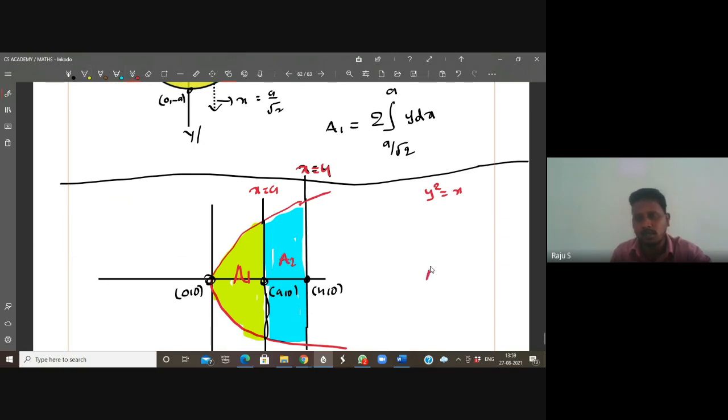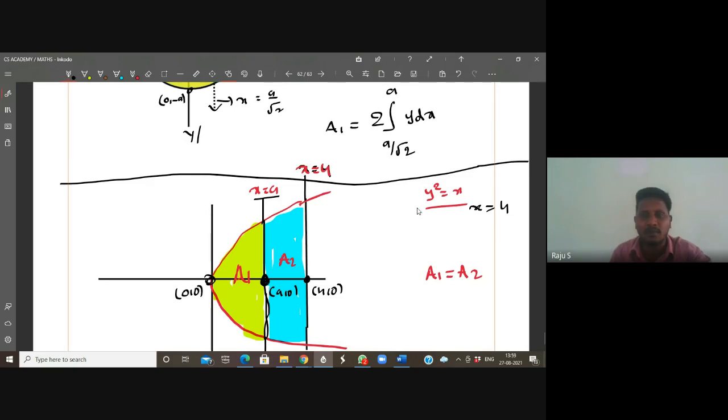So clearly here A1 is equal to A2, the given condition. The area of the curve y square is equal to x and x is equal to 4 can be divided into two equal areas by the line x is equal to a. Then what is the value of a? With the help of this we have to find it.